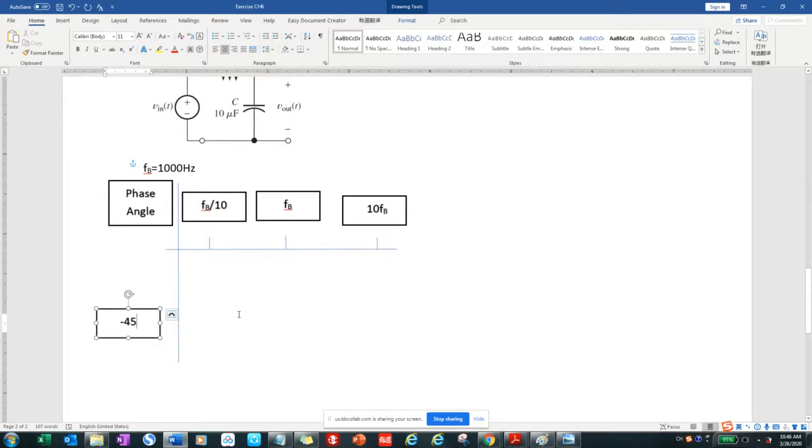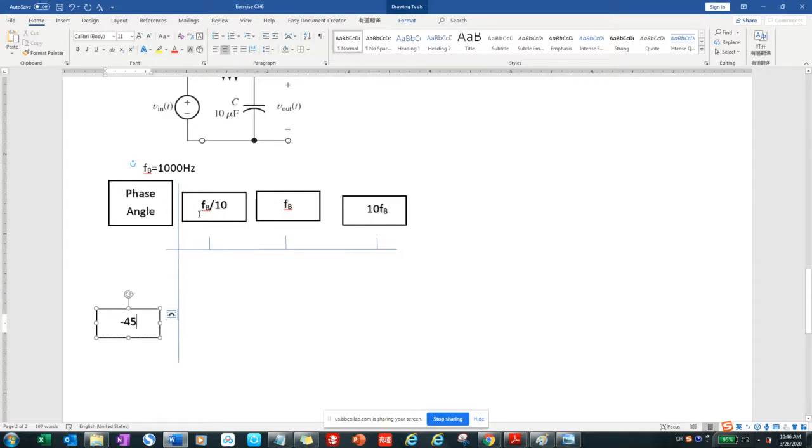Then we know that if the frequency is less than or equal to FB divided by 10, that is quite small, then your phase angle in fact equals 0, because the phase angle is arctangent of F over FB. If F is quite small, then F over FB is close to 0, so the phase angle is close to 0.